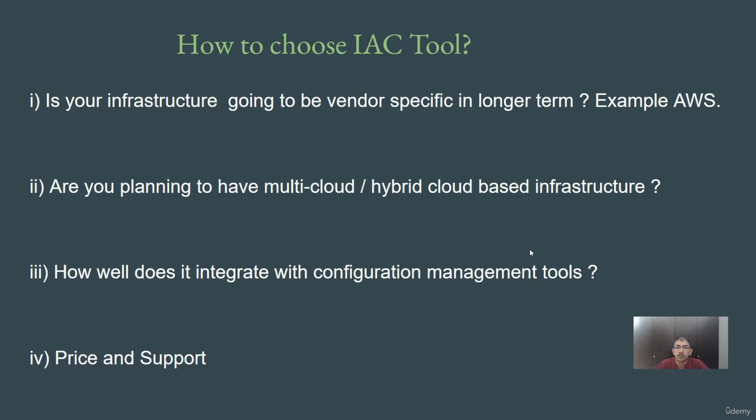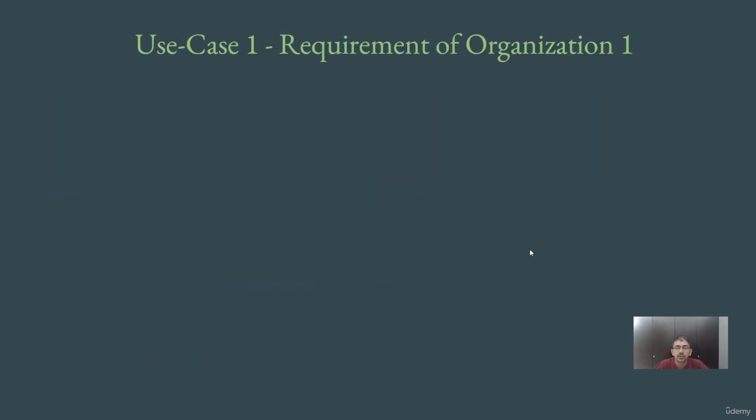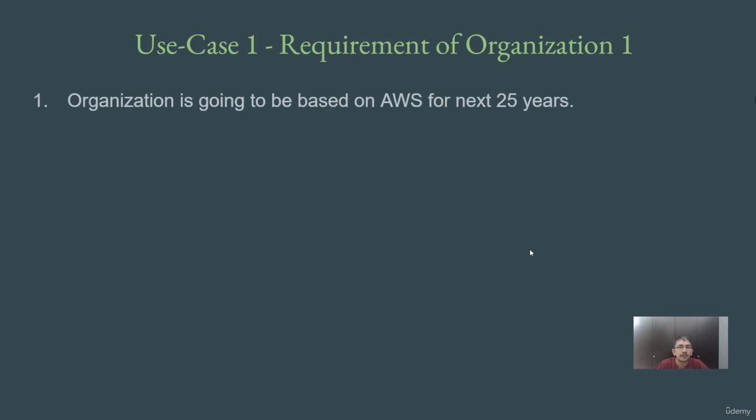So let's do one thing to better understand this. We'll take up two sample use cases and discuss which IAC tool will be recommended for them. In use case number 1, there are certain requirements of the organization. What are the requirements? The first requirement is that the organization is going to be based on AWS for the next 25 years.